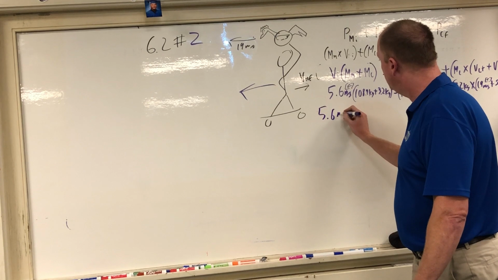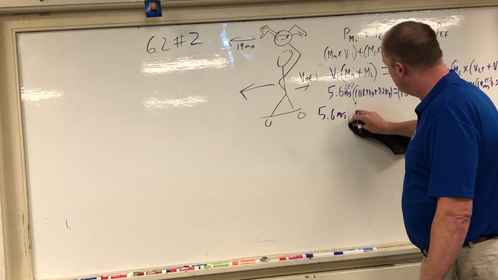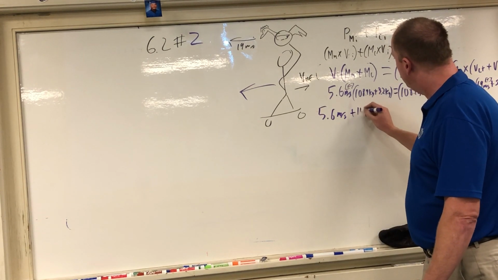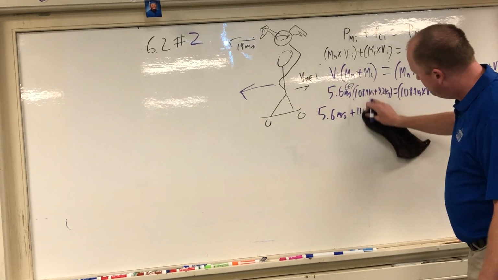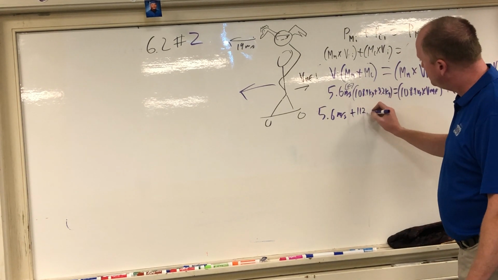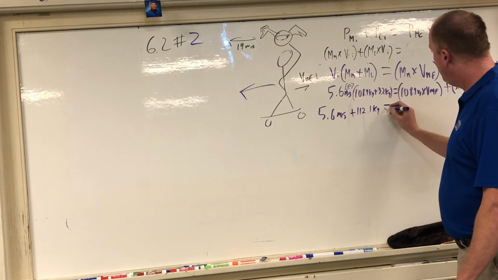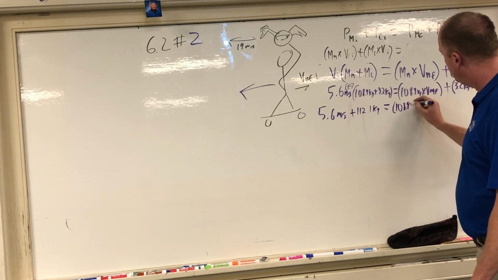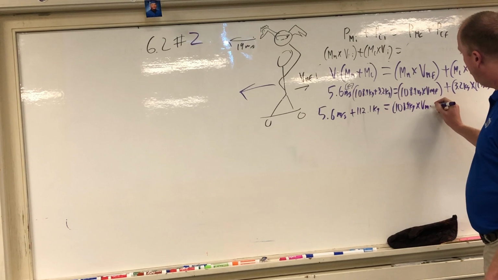5.6 meters per second times 108 plus 32 is 112.1 kg. And that will equal 108.9 kg times VMF.